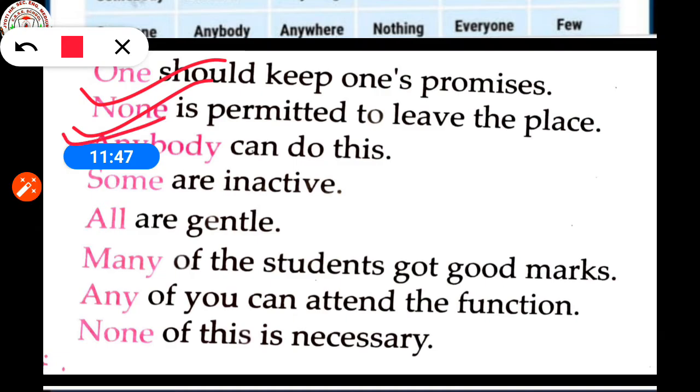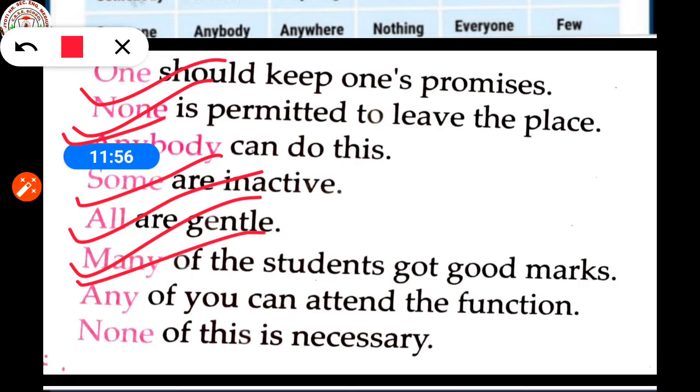Anybody can do this. Some are inactive. All are gentle. Many of the students got good marks. Any of you can attend the function. None of these is necessary. So these all examples are related with indefinite pronouns.